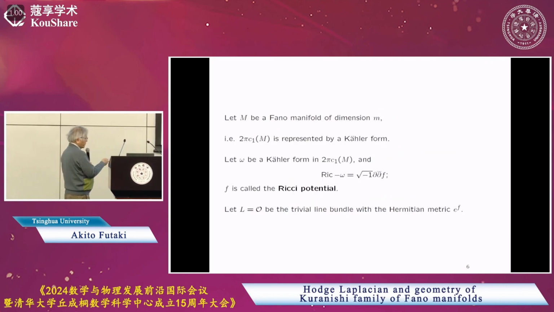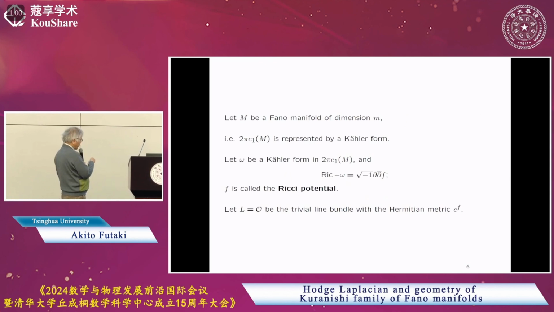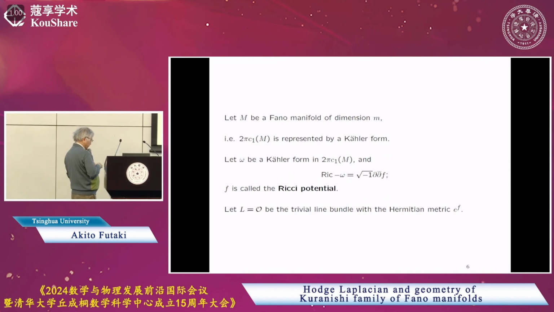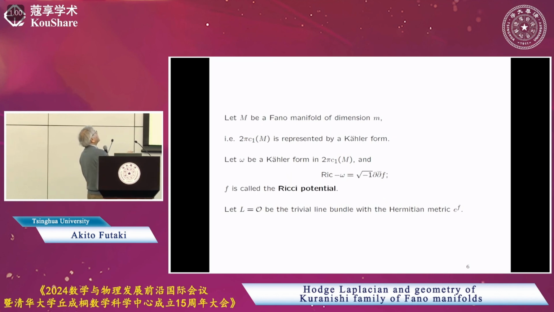Then we apply the same formula for when M is a Fano manifold. Well, what is a Fano manifold? The first Chern class is positive, so it is represented by a Kähler form.